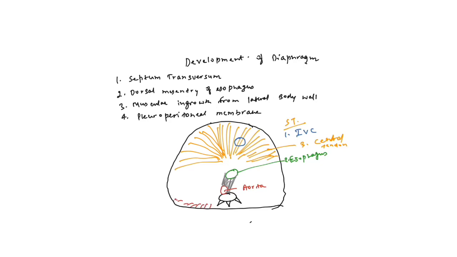So these are the muscular ingrowths from lateral body wall. And fourth is the pleuroperitoneal membrane. So this portion here is the pleuroperitoneal membrane. So these are the four components from which diaphragm develops.